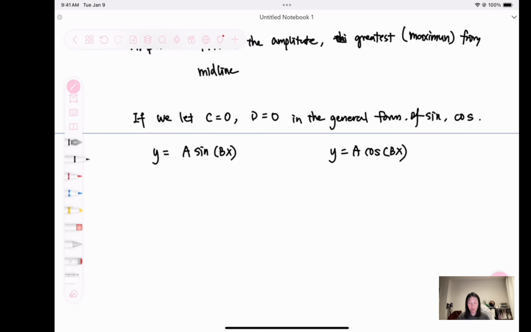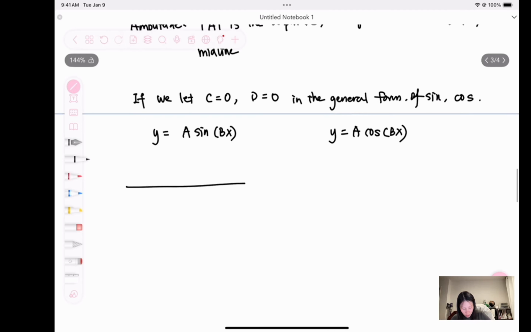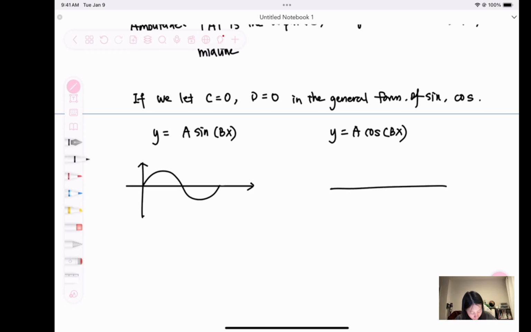We know from the basic function that it looks like this. If the sine starts from here, I'm just going to draw one period. It looks like this, whereas the cosine function starts at 1, starts from the top and goes all the way back down here. Here is pi, this is 2 pi. That's the cosine function and that's the sine function.